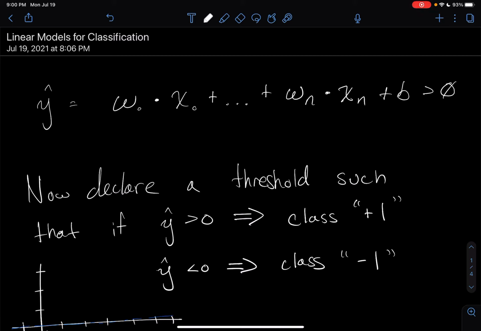So the first thing you'll see up top here is this long equation that looks awfully similar to what we saw for linear regression, except the only difference this time around is that we have, on the far right side, this greater than zero. Why is that there?